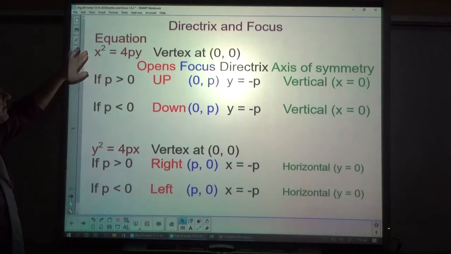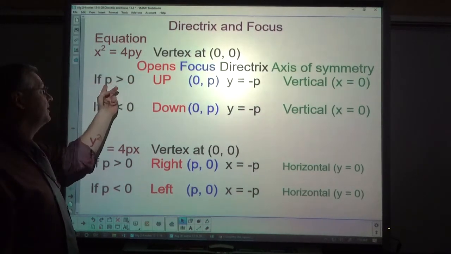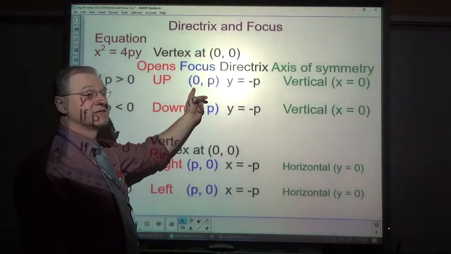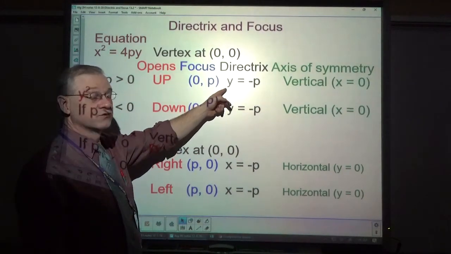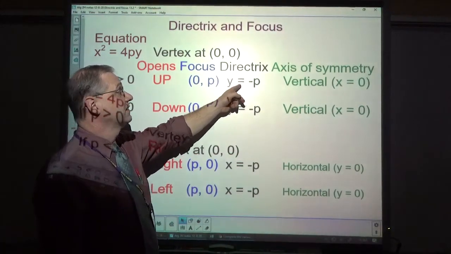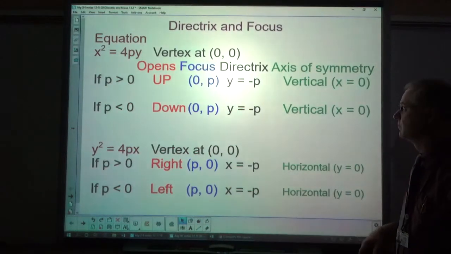So when you have it in this form, it opens up when p is greater than 0. Its focus is at 0, p. It has a directrix, which is a line, y equals negative p, and we'll talk about that directrix in a bit.